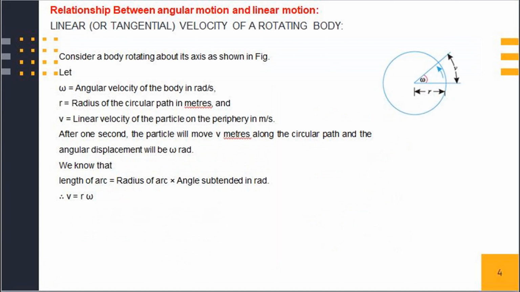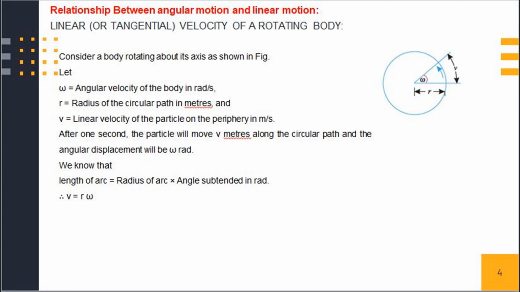Relationship between angular motion and linear motion. Linear or tangential velocity of a rotating body. Consider a body rotating about its axis as shown in the figure. Let omega be the angular velocity of the body in radian per second, r be the radius of the circular path in meters, and v be the linear velocity of a particle on the periphery in meter per second.